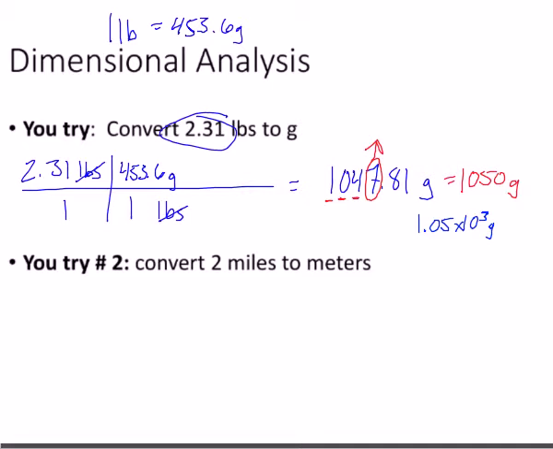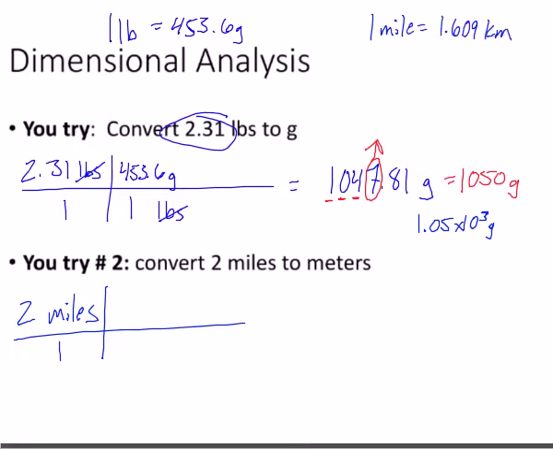Okay? Now, the next one, a little bit more challenging. 2 miles. I'm going to make this a 2-step problem based on the data that we're given. We said that 1 mile equals 1.609 kilometers. Now, some of you can do that conversion from kilometers to meters right in your head.